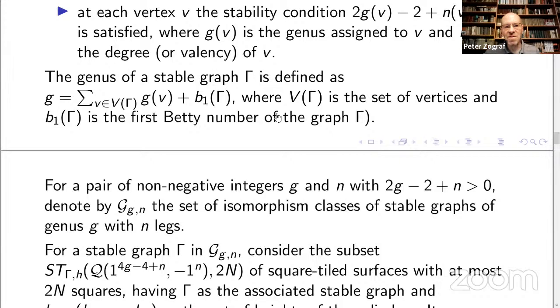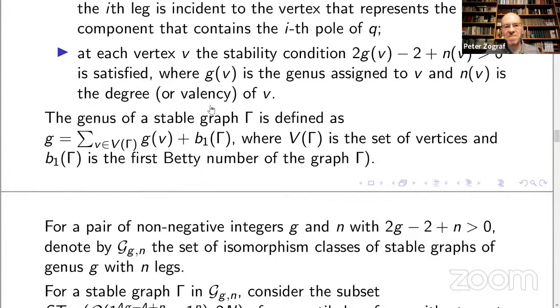The genus of a stable graph gamma is defined by this formula, where V of gamma is the set of vertices of gamma, and h1 of gamma is the first Betti number of the graph gamma.